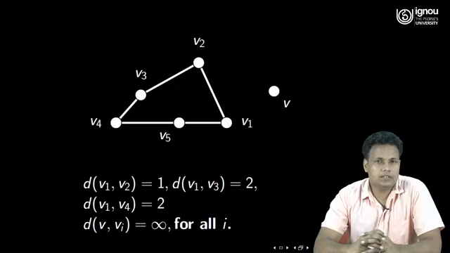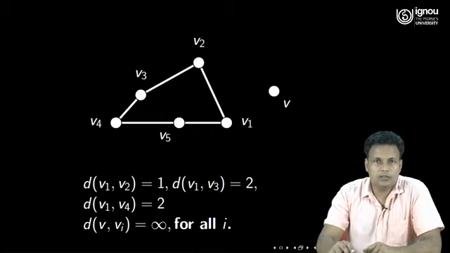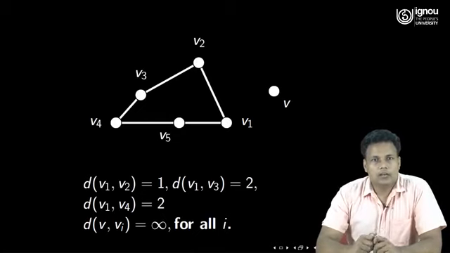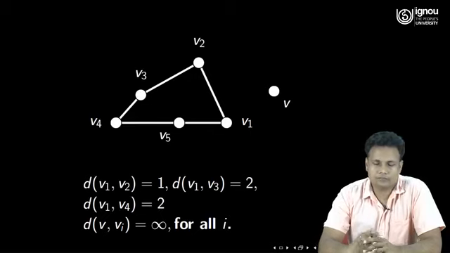Similarly, you can see that the distance between v1 and v4 is 2. Okay, and now look at the vertex v and any vertex on the cycle in the first component. There is no path from v to any of the vi's, and hence the distance from v to vi is infinite for all i.